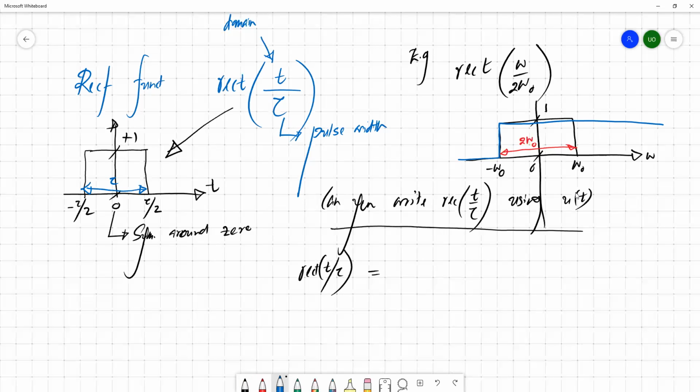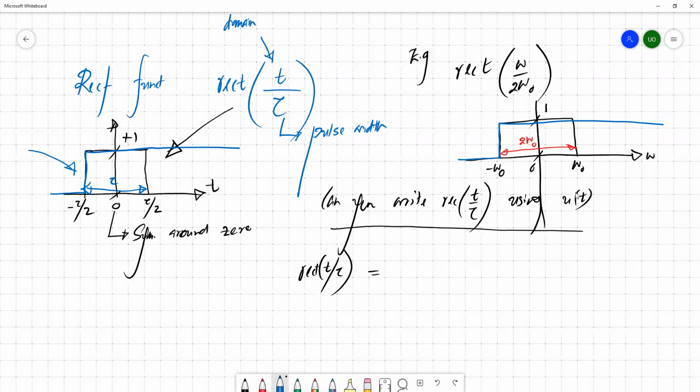So what is this actually? So we can introduce one unit step. What's the function of this one?